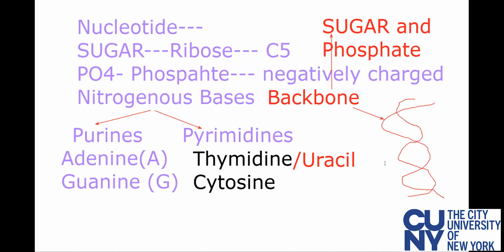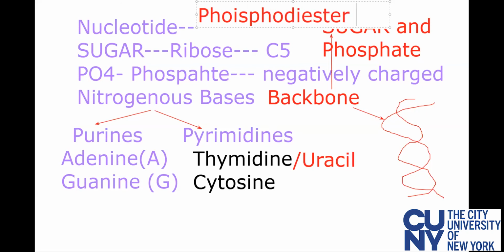Now, this is a very important question: what is the chemical bond that links sugar and phosphate? This chemical bond is called the phosphodiester bond.